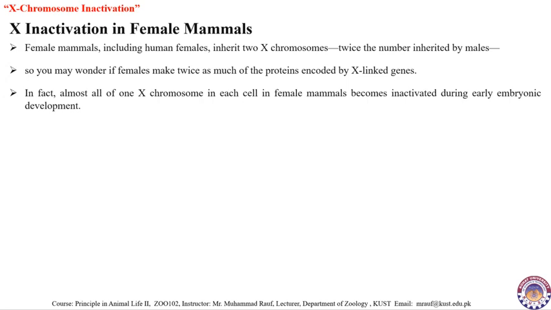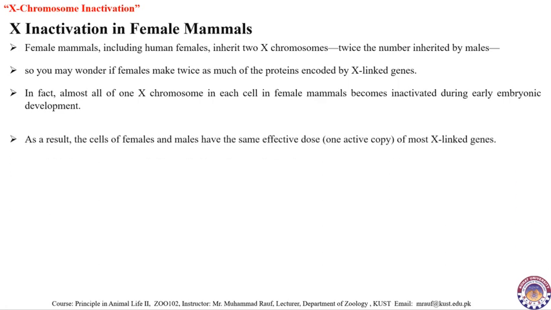So we will have a mosaic-like situation. There will be some cells in the female's body where the X chromosome received from the father is inactivated, and other cells where the X chromosome received from the mother is inactivated, so that females are a kind of mosaic for X chromosome inactivation.